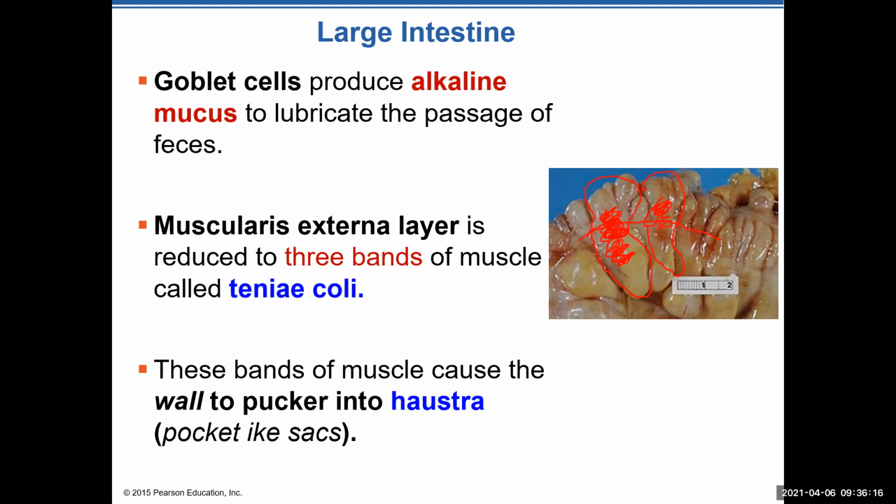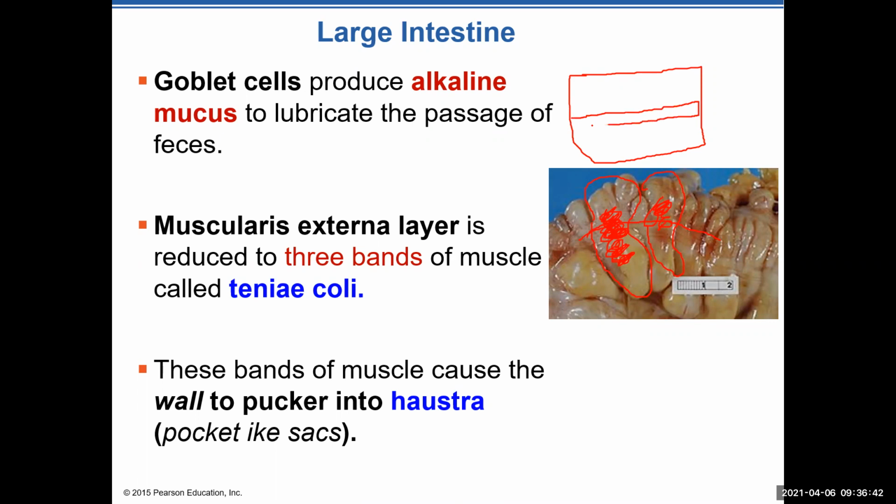So it is the longitudinal muscle, not the inner circular one, that has been reduced to three bands. You can compare it with, let's say, a scarf. I'm going to draw it over here. Let's say I have a scarf which looks like this, and I put a ribbon like this.